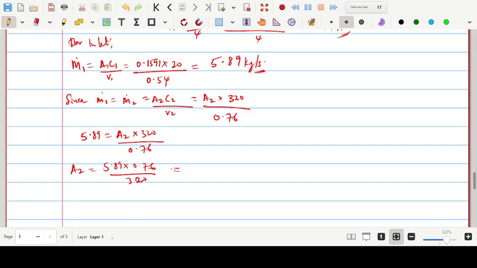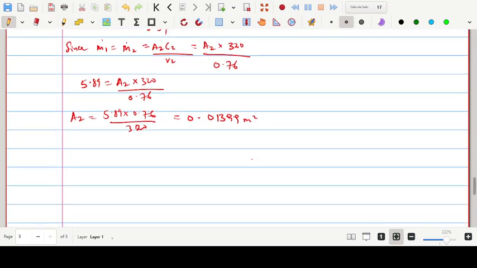So doing that, I have 5.89 multiplied by 0.76 divided by 320. And finally you have this to be 0.01399. Is that taken? This one is meter squared.